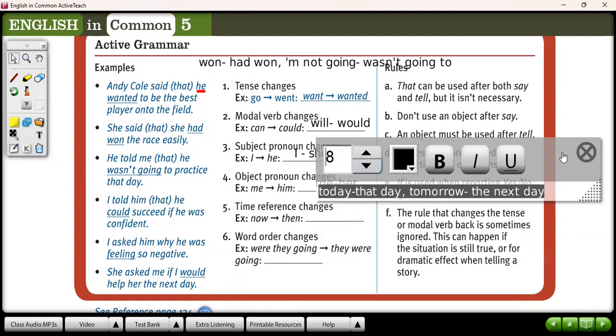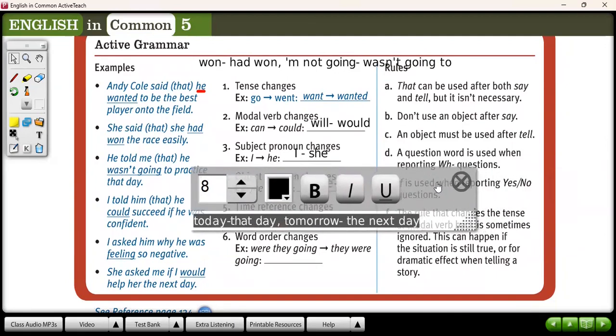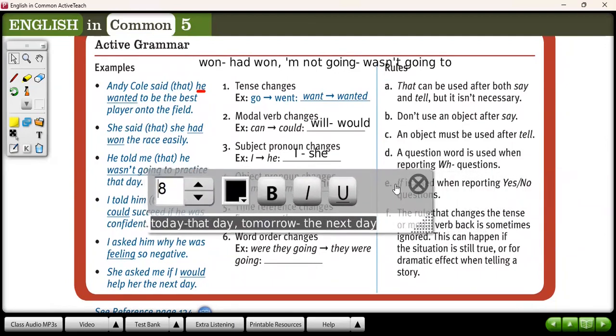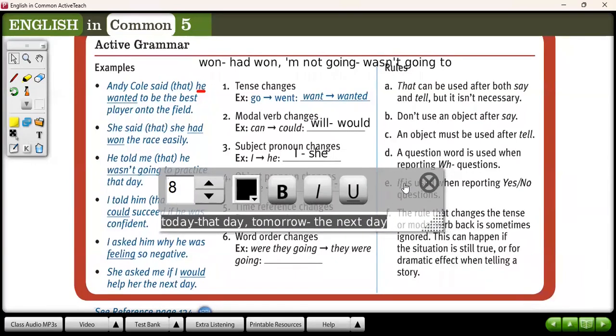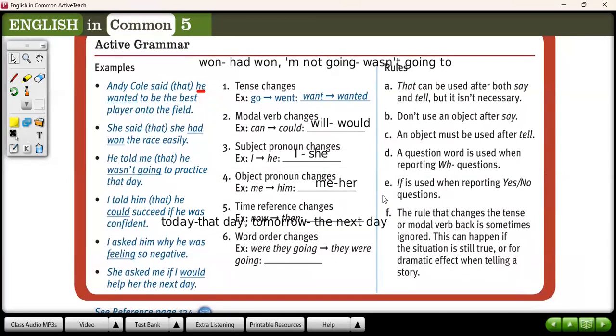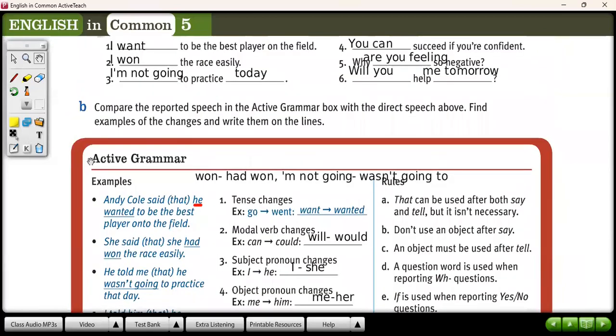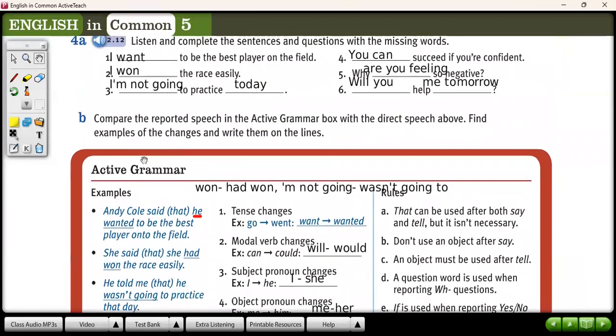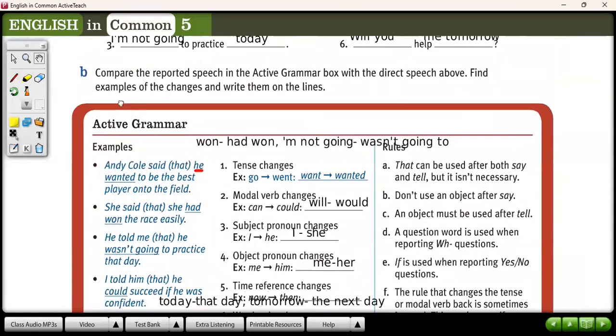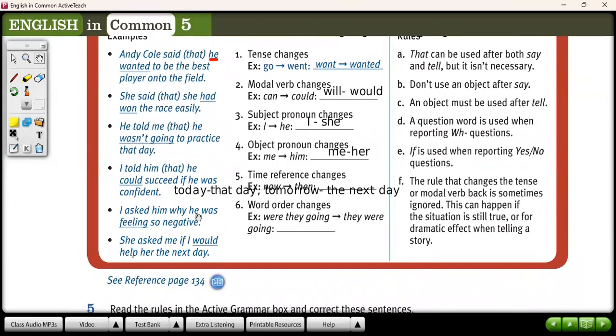And when reporting questions, the word order changes, okay? For example, here we have, why are you feeling so negative? When reporting, remember that I told you that I don't need to use the same order as we use in questions, okay?